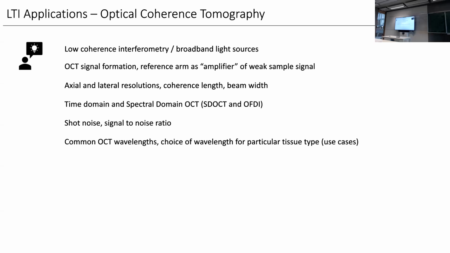So you can either measure much faster at the same signal to noise ratio, or you can keep measuring at the slow rate and have a huge increase in signal to noise. So either way you can optimize it. And then what we talked about just a moment ago: some common OCT wavelengths would be 800 nanometer for ophthalmology and 1300 nanometer for measurements in skin. Then what we just discussed, why would you choose a certain wavelength versus a different one.